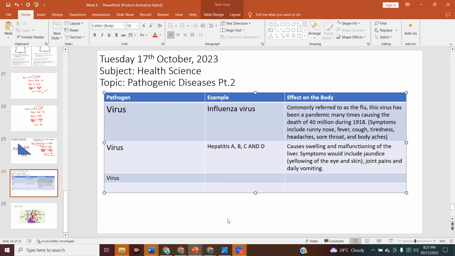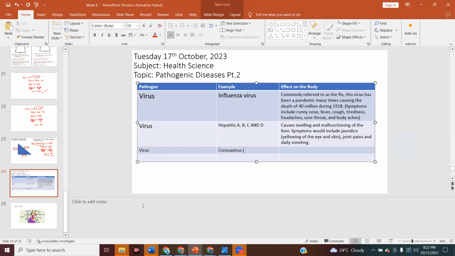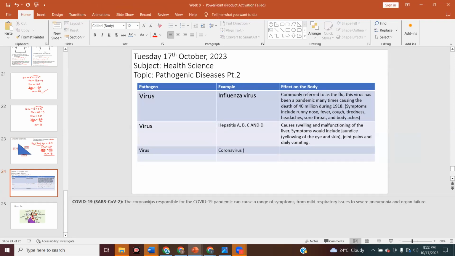And that one, obviously, all of us were alive to see that in action. And that was not nice. So this one is the coronavirus. That one claimed the lives of a lot of people. So they call it SARS-CoV-2.